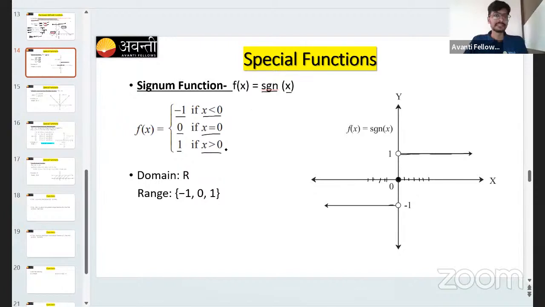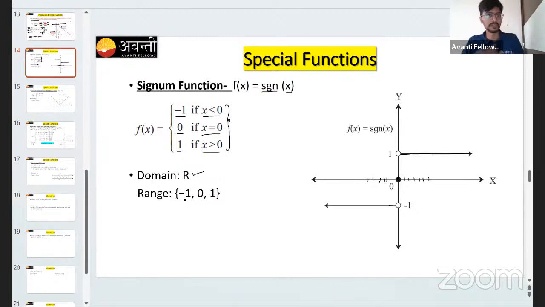As you can see here, x is covered from -infinity to +infinity, which means the domain is R. And what is the range? Range is the value of output. So what is the value of output? There are only three values, which are -1, 0, and 1. So the range is -1, 0, and 1. Only three elements are there in the range of the signum function. I hope it is clear. So this is the first function, which is the signum function.